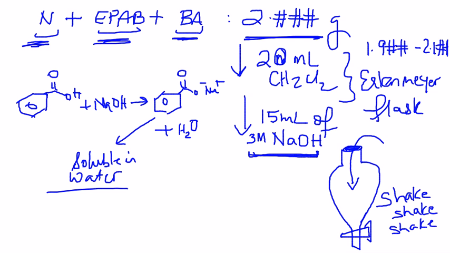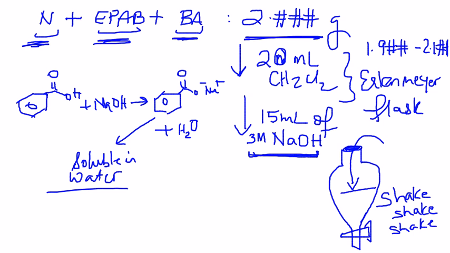You will hear a sound for the release of the pressure, but shake that at least 3 to 4 times to make sure that you're giving both the layers enough interaction time and all of the benzoic acid is being pulled from the organic layer into the aqueous layer.